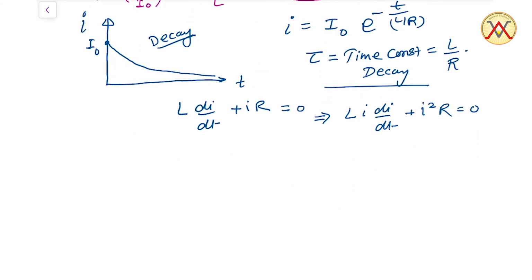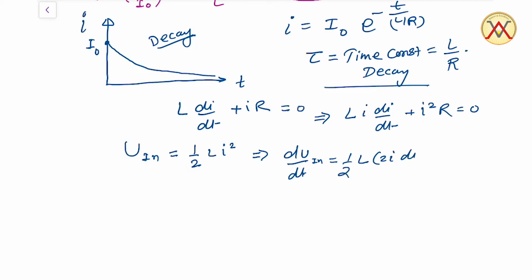At first we know that the energy of the inductor is half Li square, and on differentiating with respect to time, du by dt of the inductor equals L into 1 by 2 into 2I di by dt.